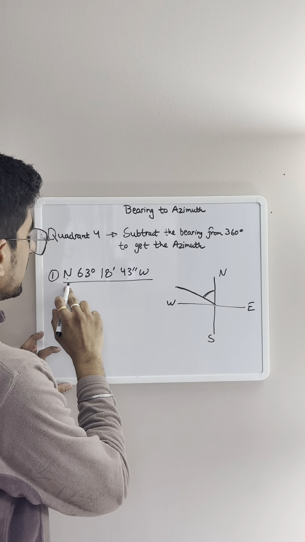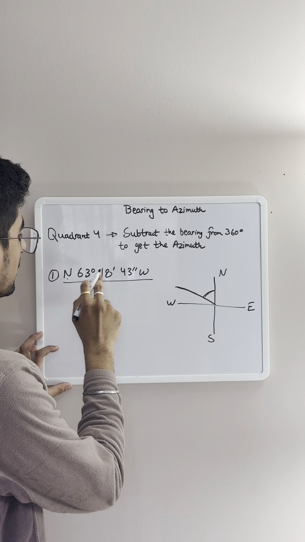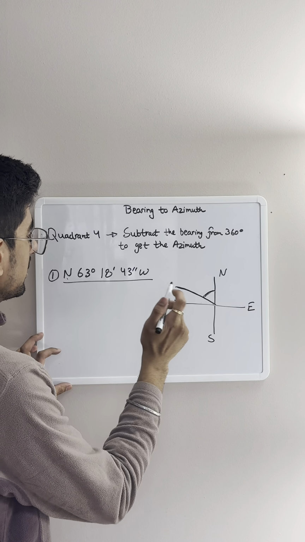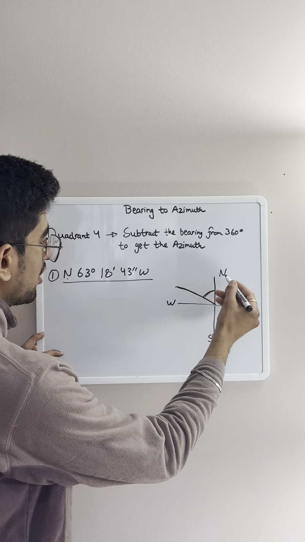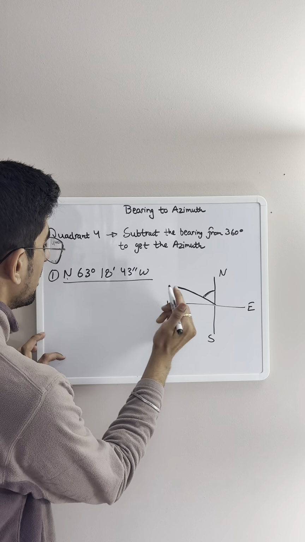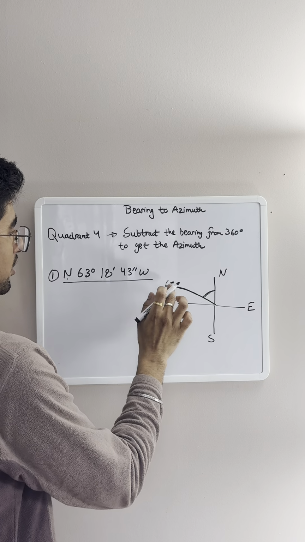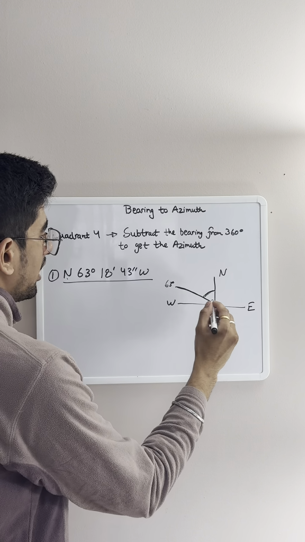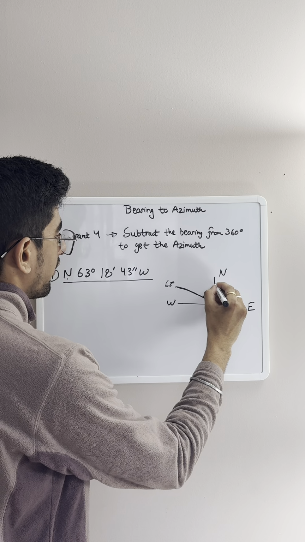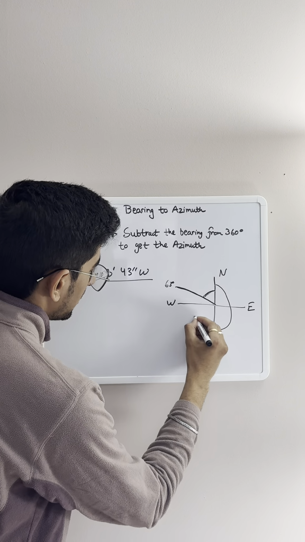In this given question we have 63 degrees, 80 minutes, 43 seconds, and it's oriented northwest, roughly like this, 63 degrees. We know this is our bearing, and azimuth is always referenced from the north, so we need this whole angle.